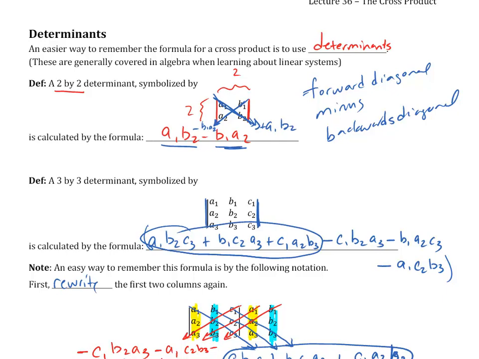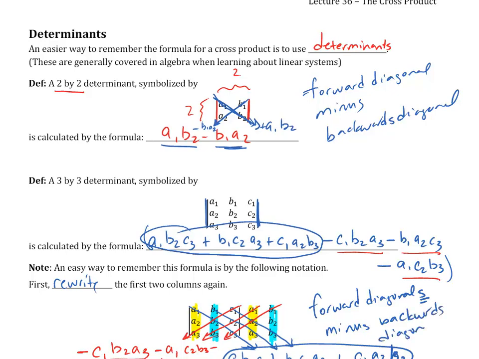Those three terms, C1, B2, A3, right there. B1, A2, C3, right there. And A1, C2, B3, right there. Forward diagonal minus back diagonal. So the same thing I wrote up here. Forward diagonals minus backwards diagonals.